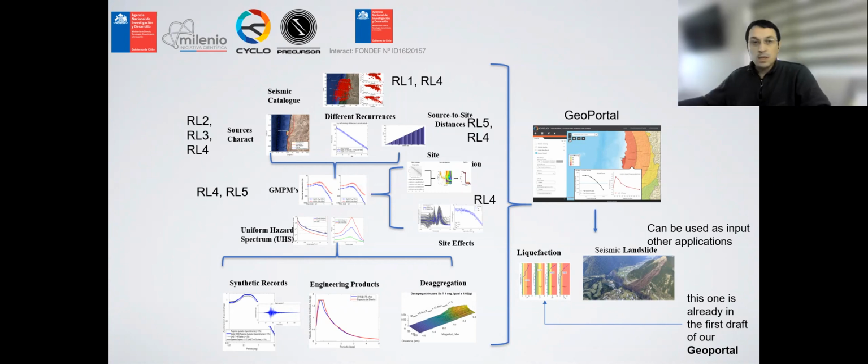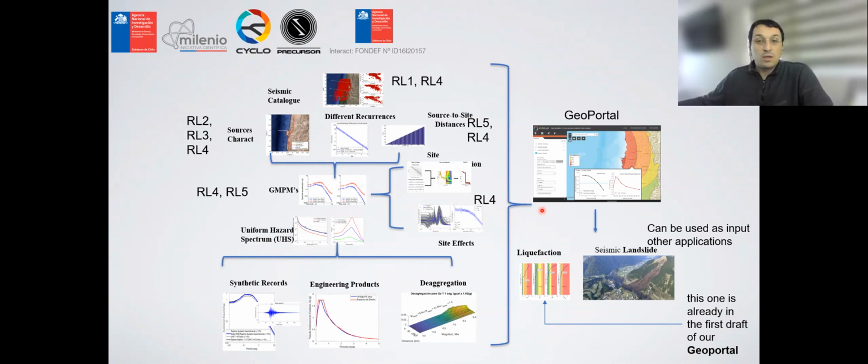So we're producing some engineering products, and we will put those into a geoportal where we'll have both tsunami hazards and ground level shaking hazards in both deterministic and probabilistic ways.